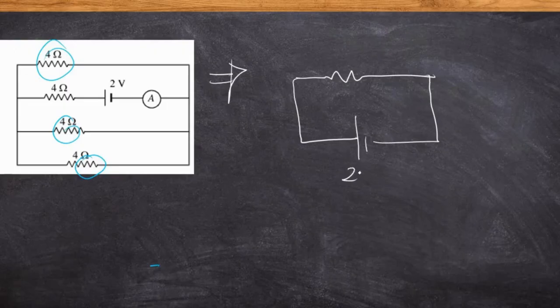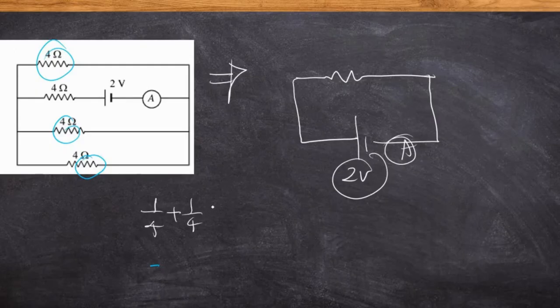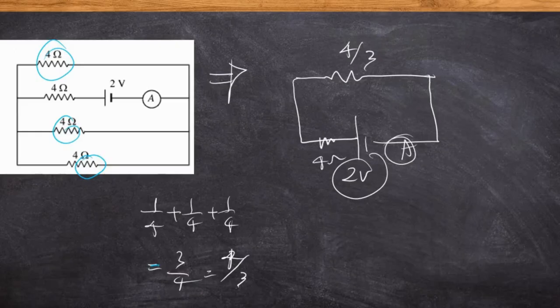So here we have 2 volt and ammeter here, and the equivalent resistance: 1 over 4 plus 1 over 4 plus 1 over 4, that's 3 over 4. Let's take the reciprocal value, that's 4 over 3. So here it's 4 over 3, and of course we have here 4 ohms. So the total current will flow through here, right?